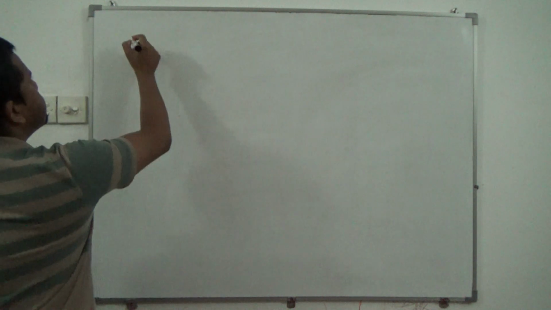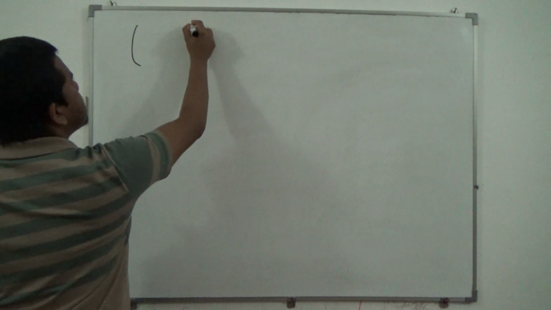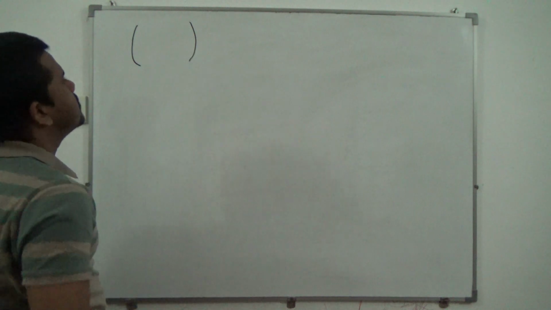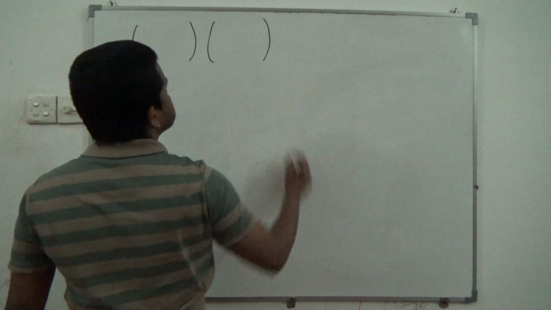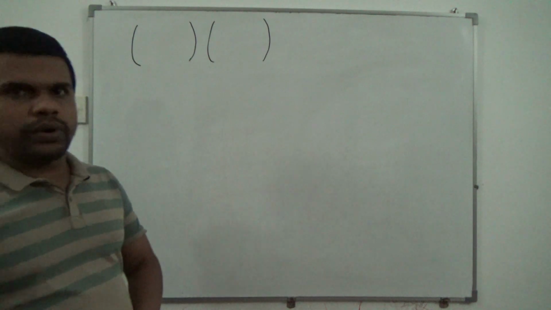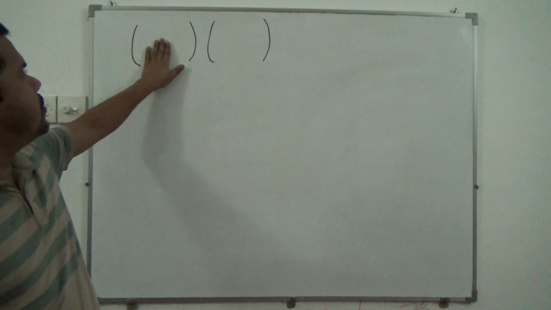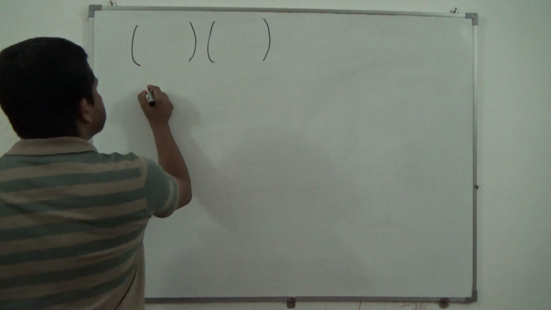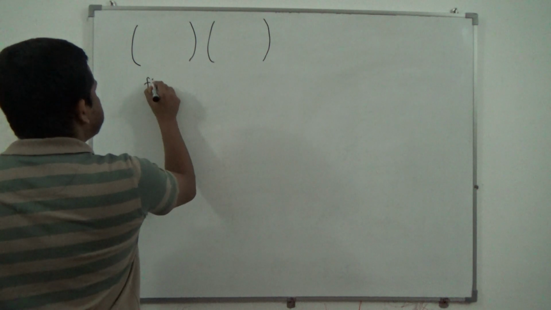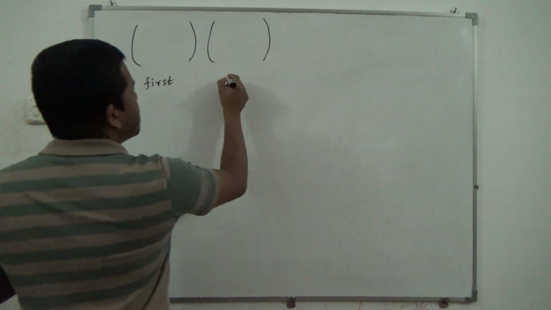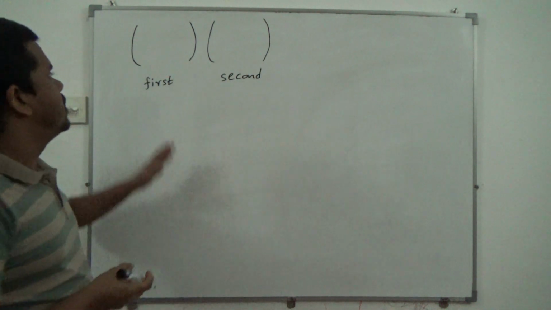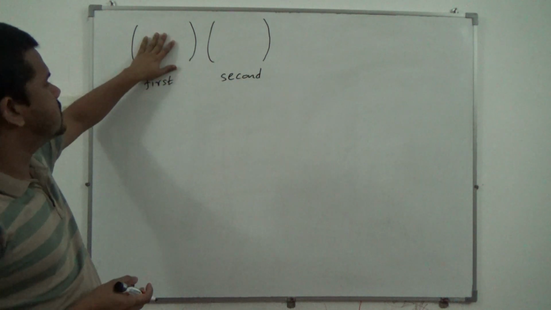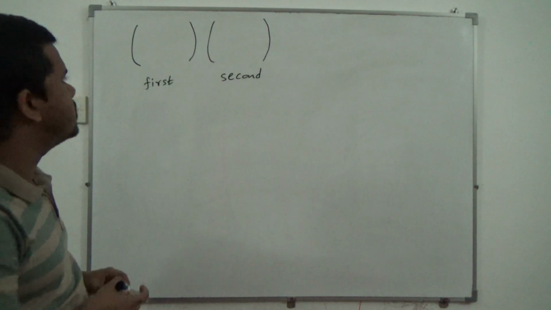We have one matrix like this, the other matrix like this. So order is important. Therefore, this is our first matrix and this is the second matrix. From left to right, this is the first one and this is the second one.